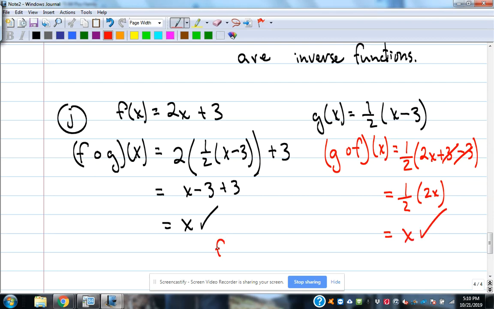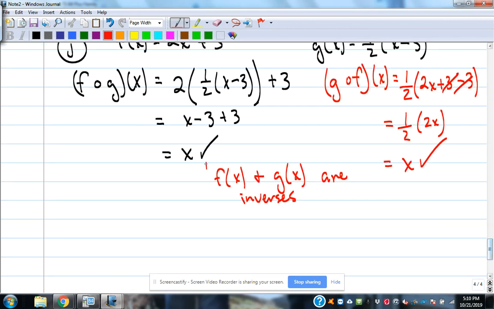They are inverses. f of x and g of x are inverses. That's what we found out algebraically. Function composition can be used to prove two functions are inverses of one another. Okay?